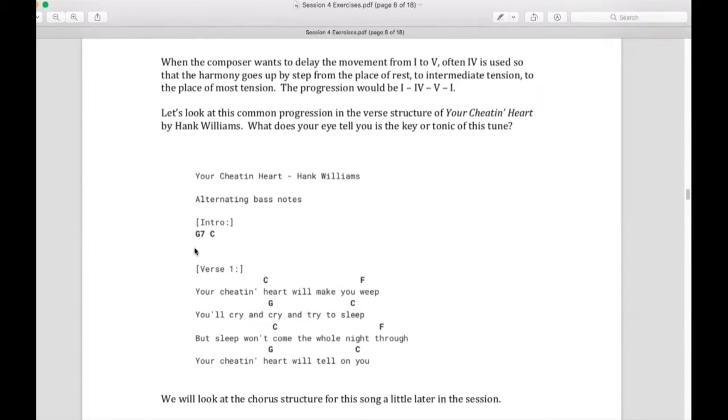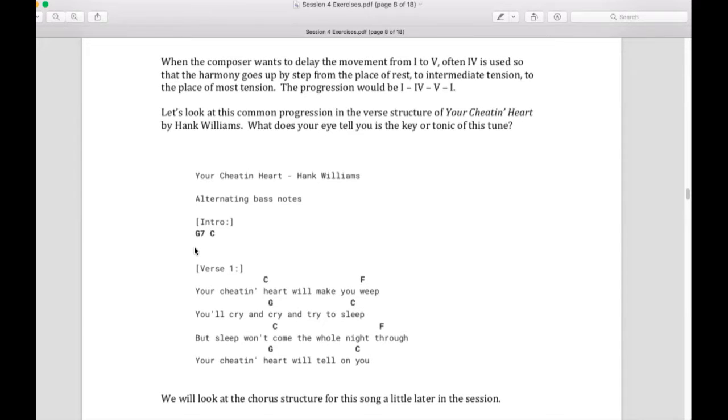I'm just going bass, pluck, because that's what we do in country, right? Here we go. 1, 2, 3, 4, bass, G7, C. That's our intro. Here we go.